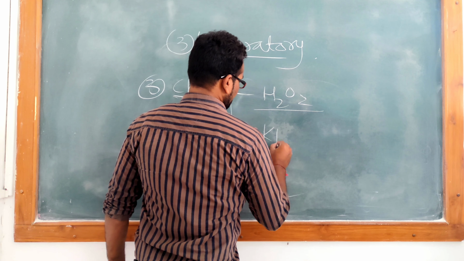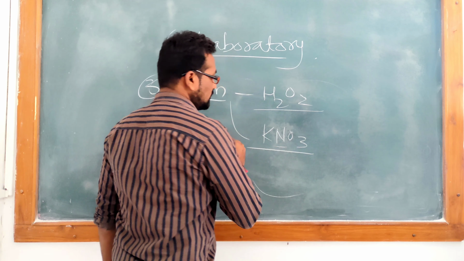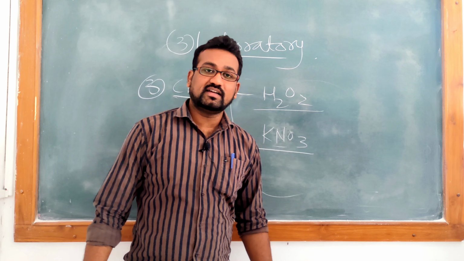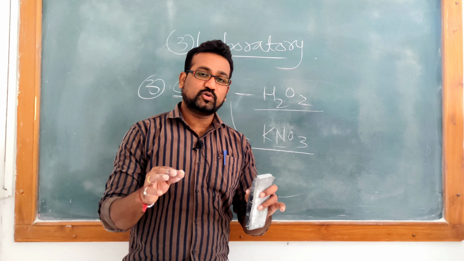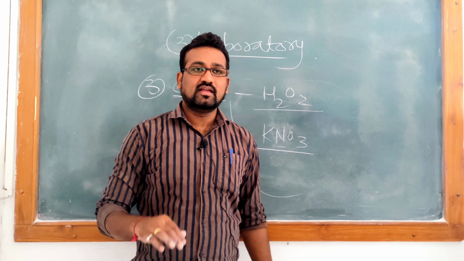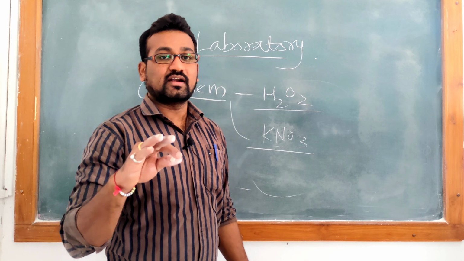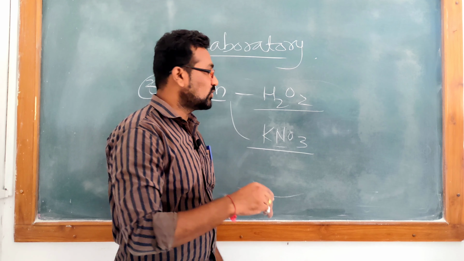Likewise, you can treat the seed with potassium nitrate solution. This potassium nitrate also shows a positive effect upon seed germination. Why? Because potassium nitrate also somewhat dissolves the seed coat.